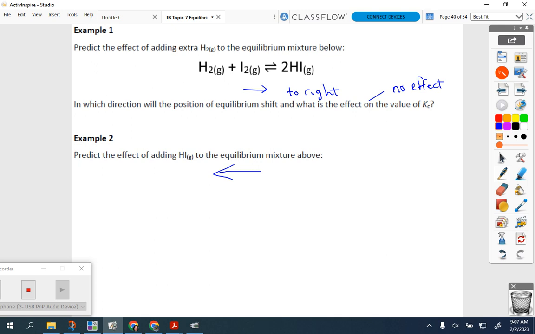So because even though we're changing the absolute concentrations, we're changing them in the reactants and the products together. So the ratios of the concentrations of products to concentrations of reactants are going to be the same. Okay.